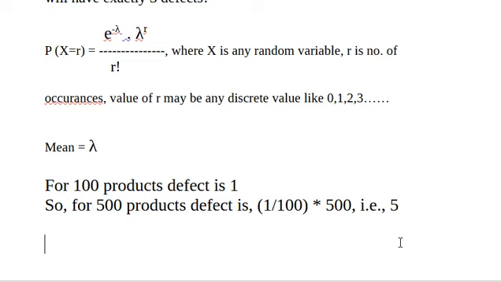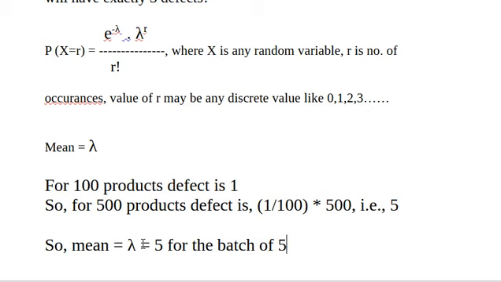So I got my mean: mean equals lambda equals 5 for the batch of 500 products.